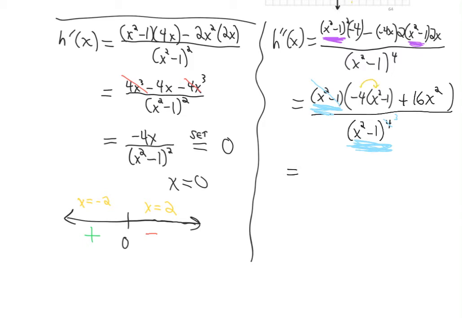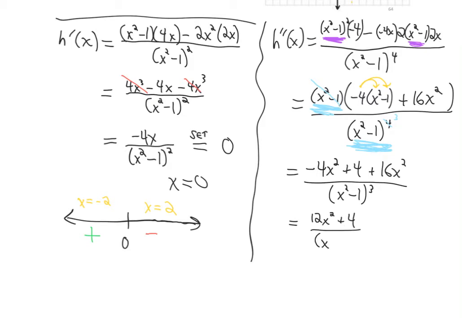I'm going to distribute this negative 4, which means I'm going to now have negative 4x squared plus 4 plus 16x squared all over x squared minus 1 cubed. And then to just make things even simpler, I will have 12x squared plus 4 over x squared minus 1 to the third.